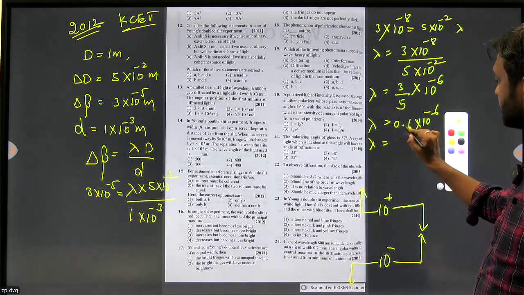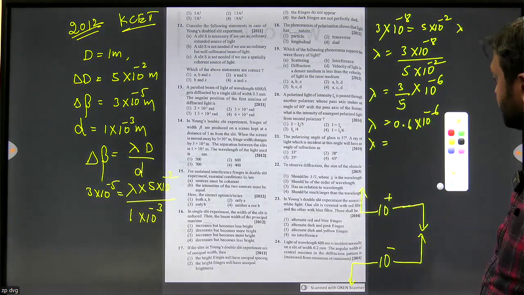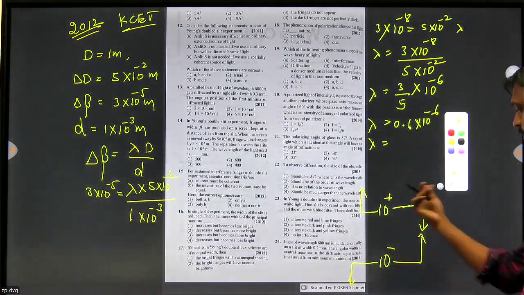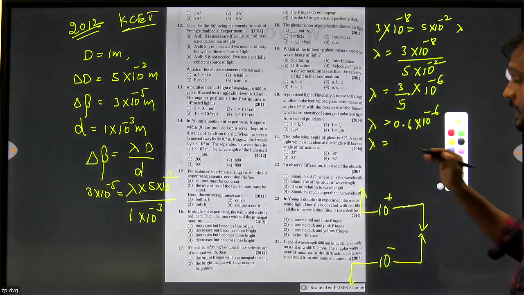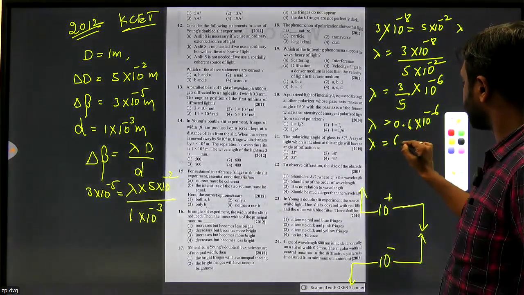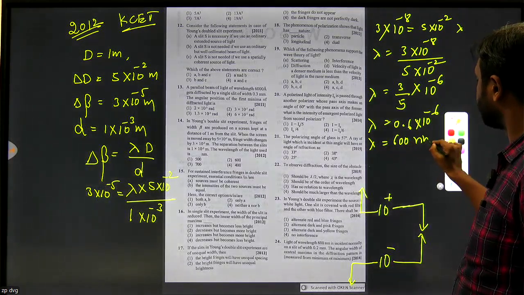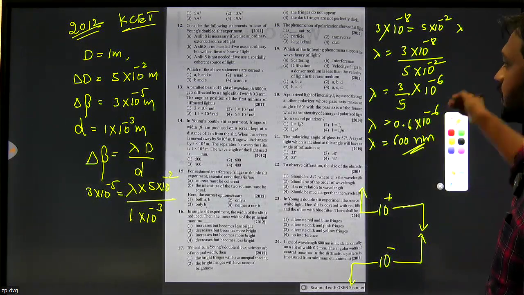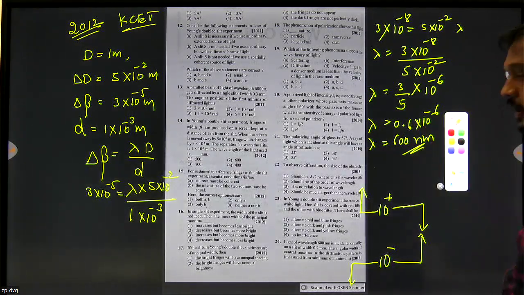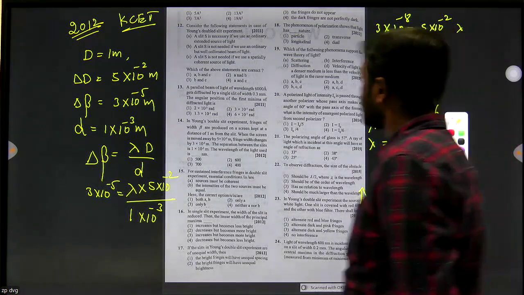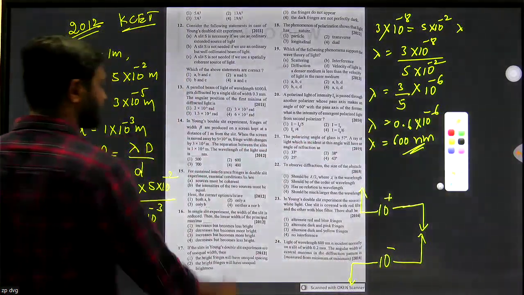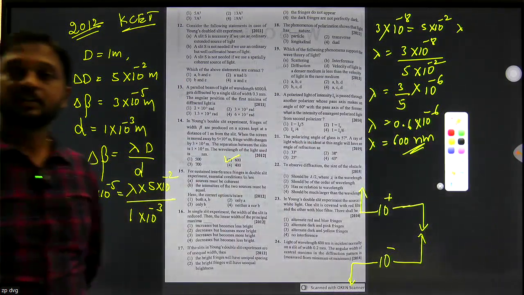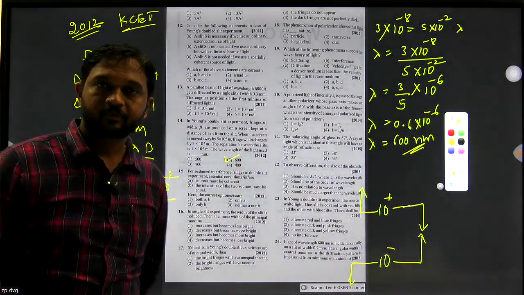Here the power of 10 is minus, so if we shift the decimal point right side, the power increases. Then 0.6 into 10 to the power of minus 6 is 600 into 10 to the power of minus 9, that is 600 nanometer. So the option is 2, that is 600 nanometer. Is it clear? Note down.